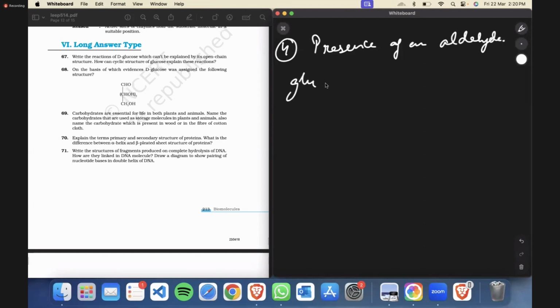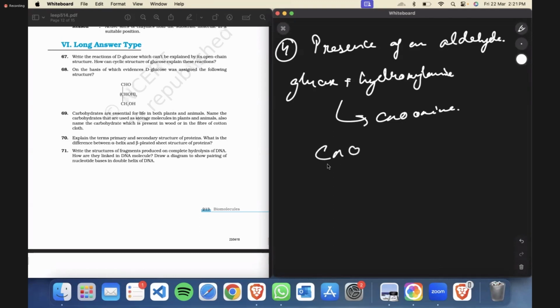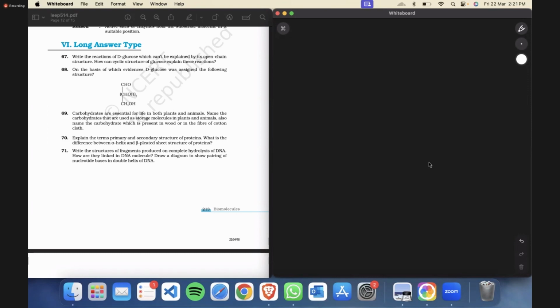Glucose plus hydroxylamine to form CHO oxime, which suggests that glucose contains a carbonyl. On the basis of the above observations, the following open chain structure can be assumed: CHO, CHOH whole 4, then CH2OH.